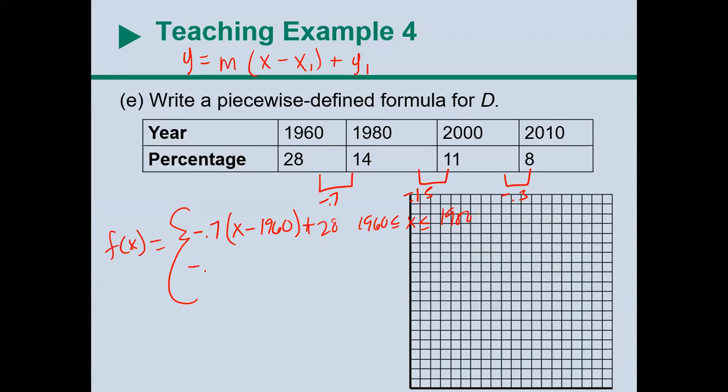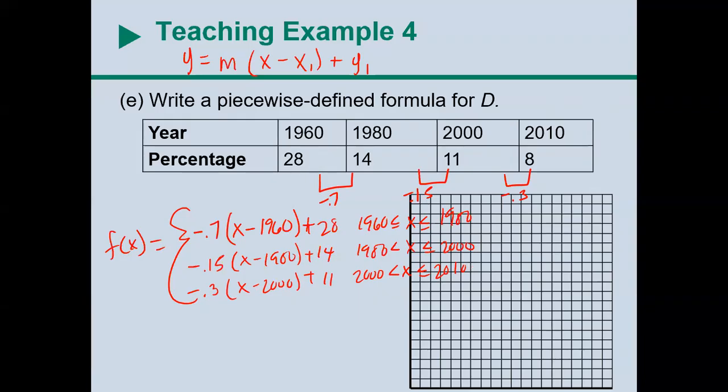Next, we have negative slope, x minus 1980 plus 14, and that's from 1980 to 2000. And then my last one, negative 3/10, x minus 2000 plus 11, and that's from 2000 to 2010. And this piecewise pertains exactly to this given information.